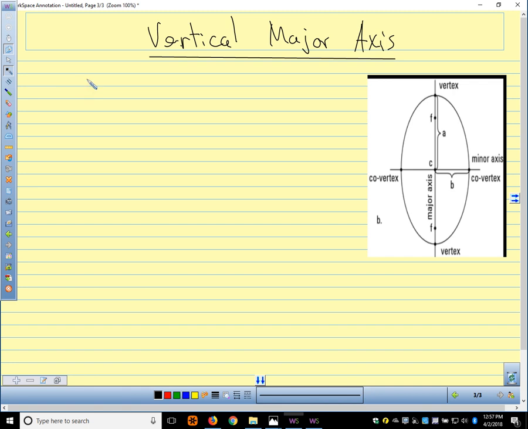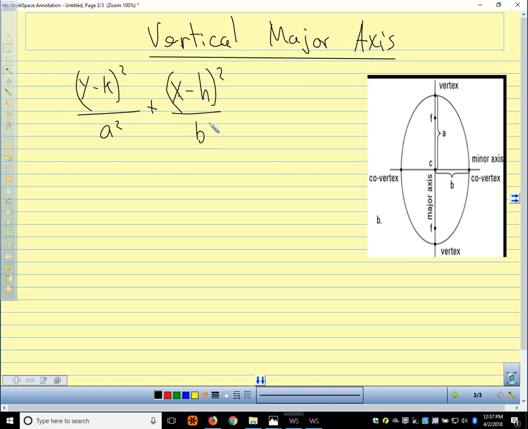Our equation: (y minus k) squared over a squared plus (x minus h) squared over b squared equals 1. And we still have a greater than b. So the way that we tell that our major axis is vertical is the bigger number is under the y. a is bigger, it's under the y part.